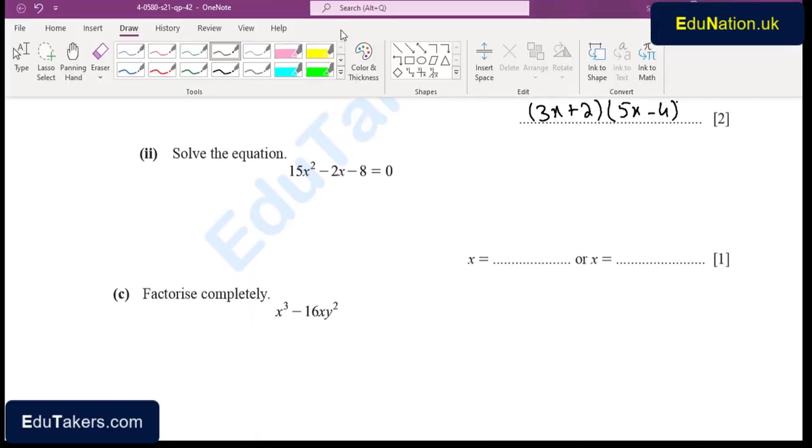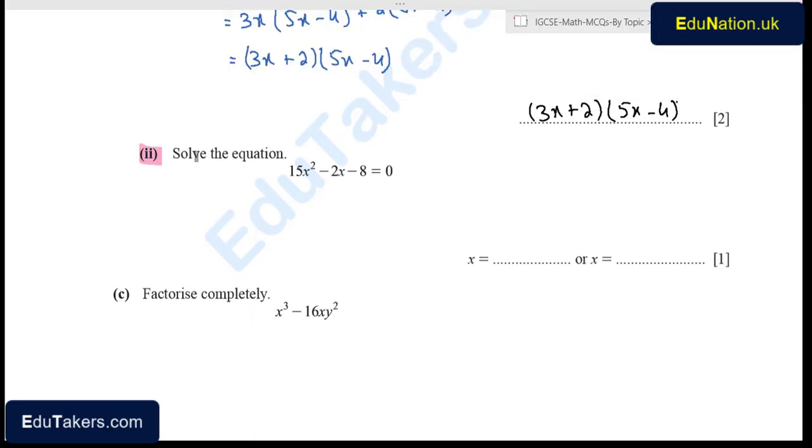Second part is solve the equation 15x² − 2x − 8 = 0. Its factorized form is (3x + 2)(5x − 4) = 0.